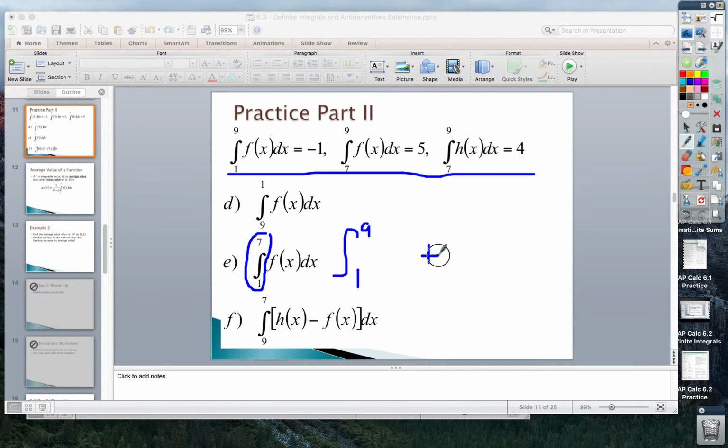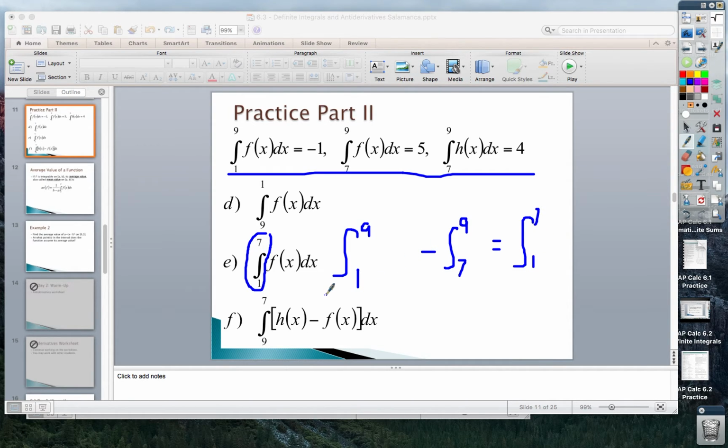And if we subtracted, actually, from 9 to 7, that would give us our answer of the integral from 7 to 1.